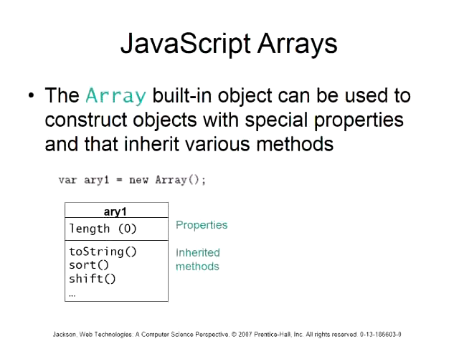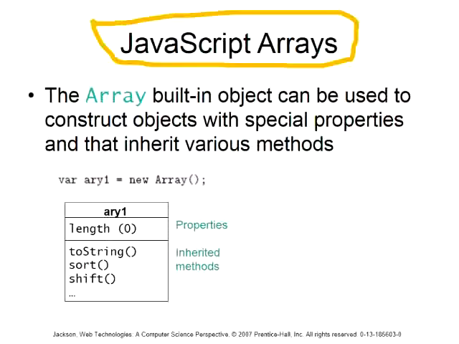Let's move now to JavaScript arrays. So an array is a built-in object. What's the meaning of built-in object?